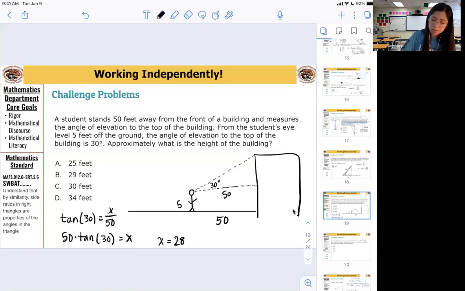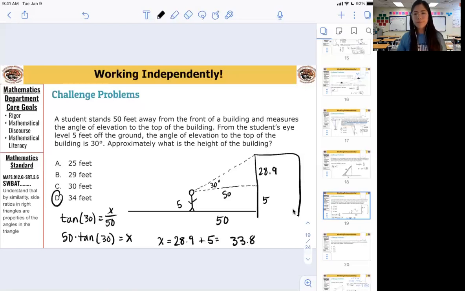Add the height of the student. Technically, it's 28.9. So 28.9 plus 5, we got 33.8. So it's D, 34.